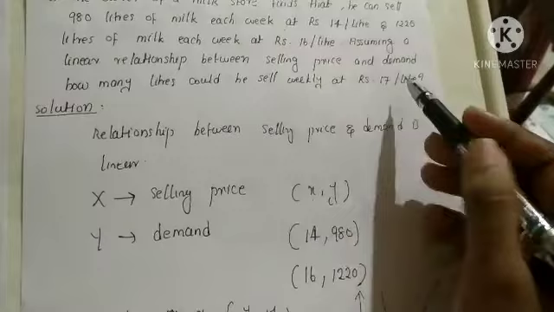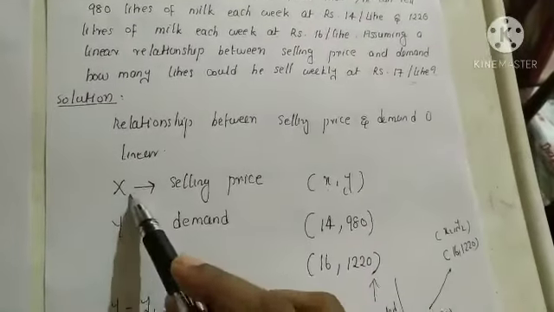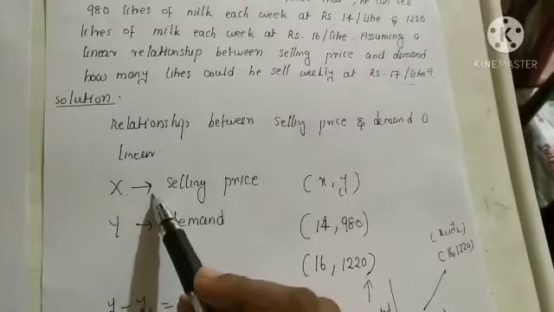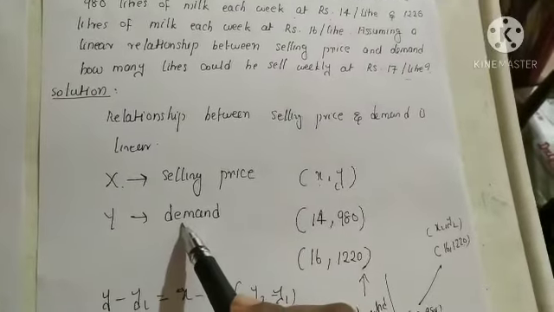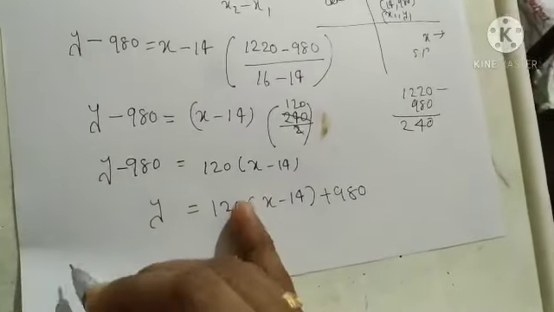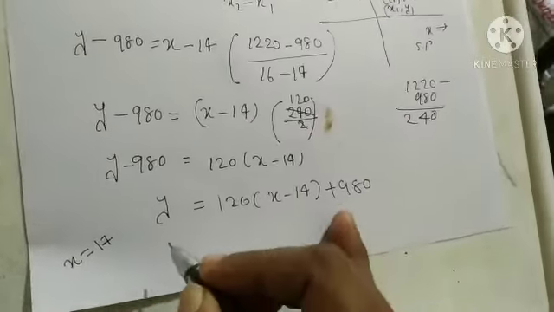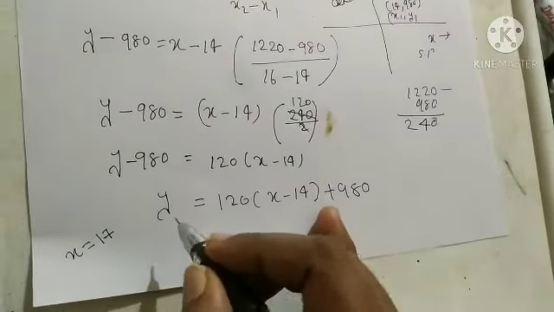That means this is our selling price, that means x. Okay, so it is given and we need to find out the demand of milk. So next I am going to substitute x equal to 17. We get the demand of the milk.